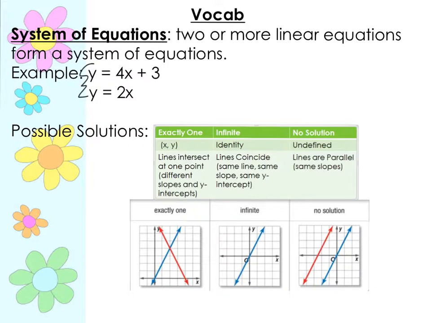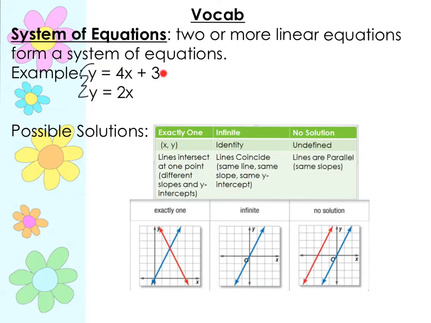Now, when we solve this, basically what we're trying to do is find an ordered pair, so an x and a y, that works in both equations at the exact same time. We can only have a solution if it works in both equations. It's kind of like this. Pretend that you have two adults at home, and you have to get permission from both of them in order to go out on Friday night.